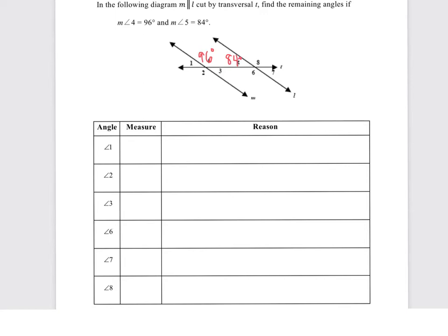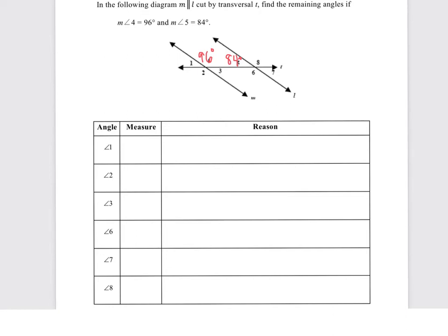So let's first look for angle 1. The first one they're asking for is angle 1. And where is angle 1? Angle 1's right here. So now let's think of our angle relationships. So what do we notice here? Well, we have angle 4 and angle 5. And we notice that angle 1 and angle 5 are corresponding angles. And if they're corresponding, they're equal to each other.